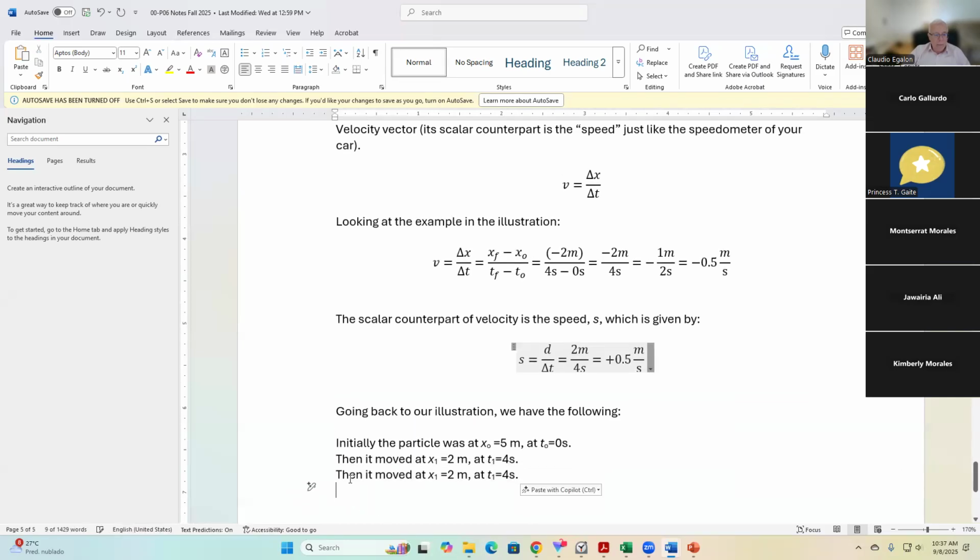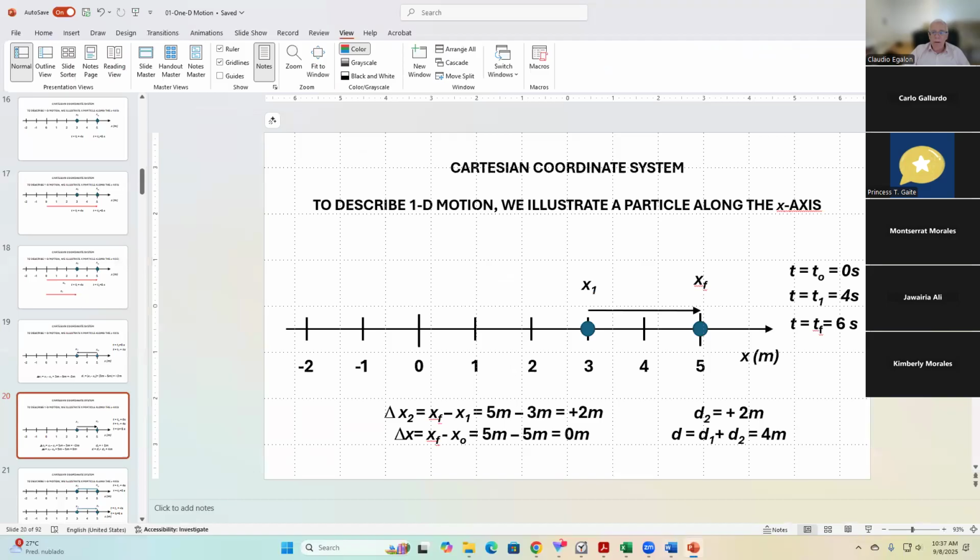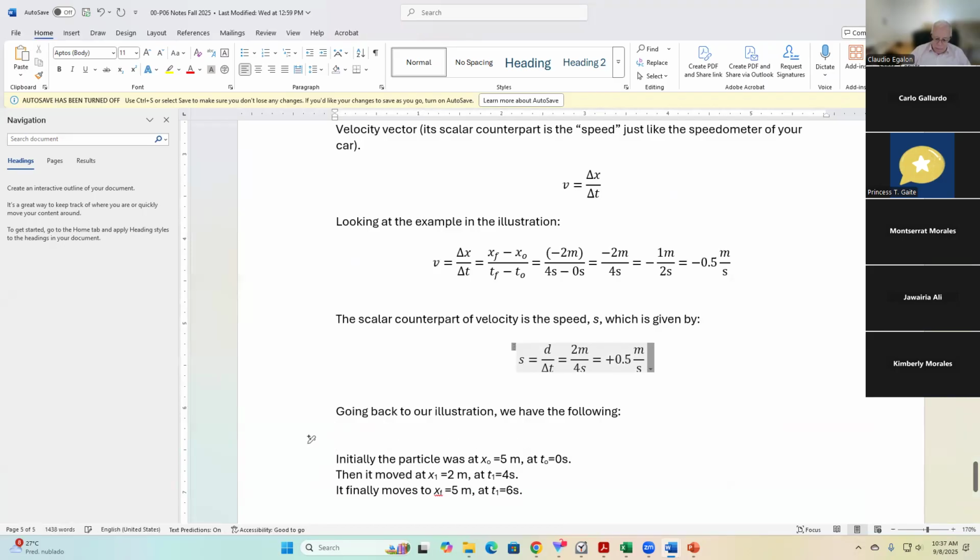It finally moves to x final equal to 5 meters at t final equal to 6 seconds. Another example, right? Another example.